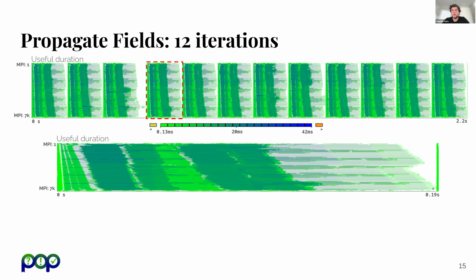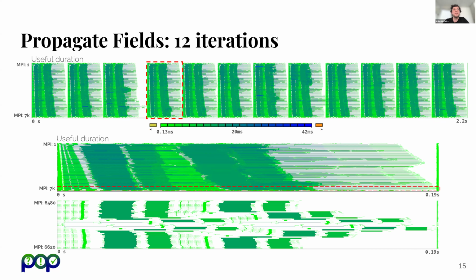So we will just have a look at what causes the late processes to come late to the barrier. So what we do is, instead of zooming by time, we now zoom by processes. So instead of looking from MPI process 1 to 7,000, we only look from MPI process 6,500 to 6,620.